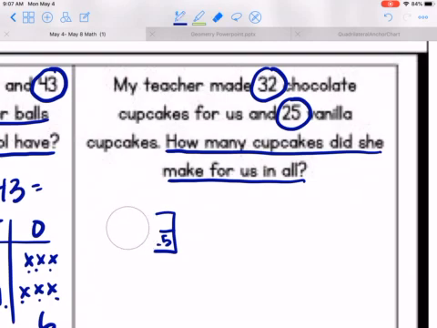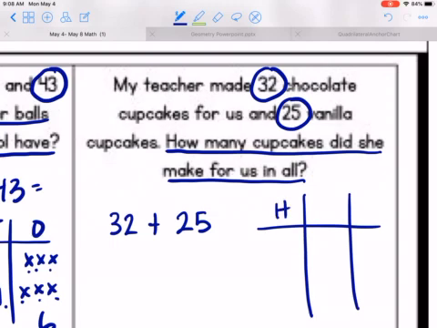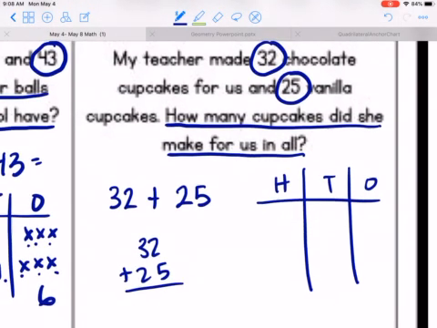So we're going to do 32 plus 25. 32, 3 tens, 2 ones. 25, 2 tens, 5 ones.